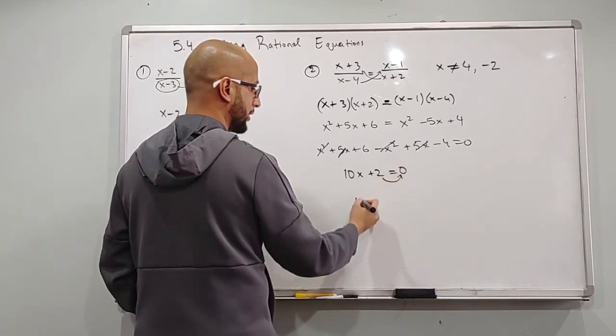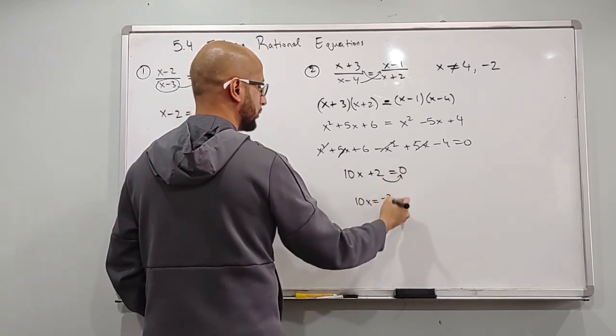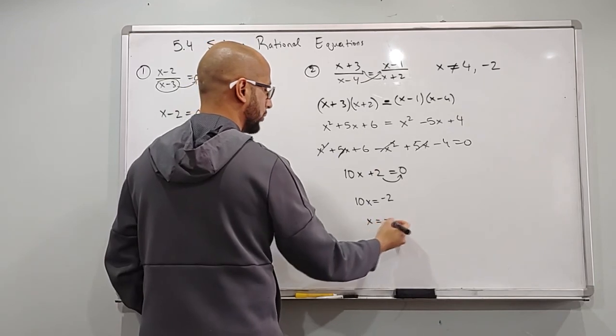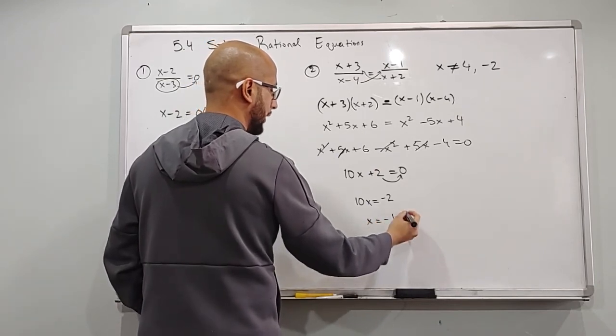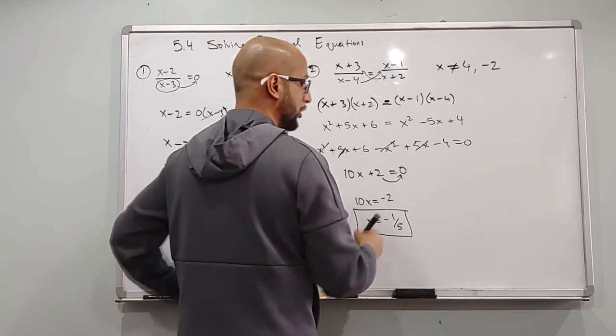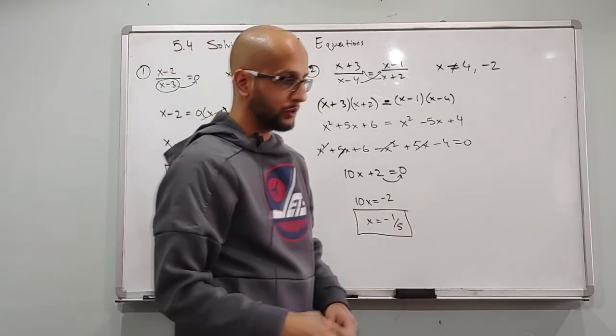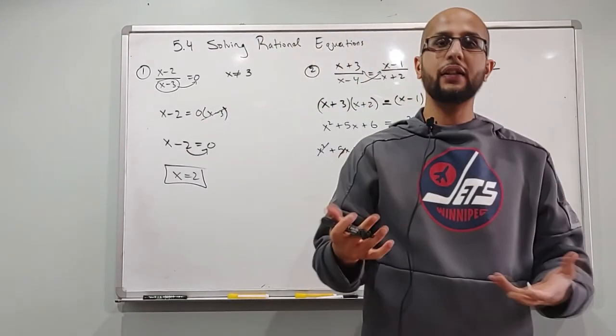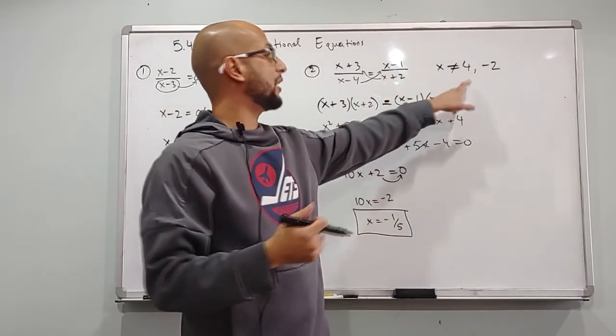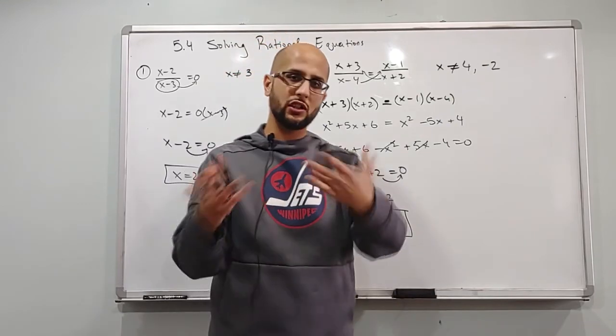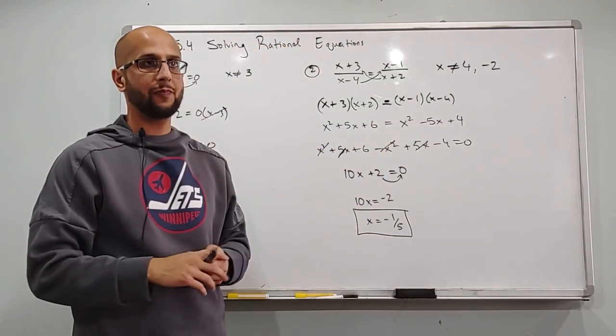Take the 2 to the other side. 10x is equal to negative 2, and x will be equal to negative 1 over 5. So the solution to that rational equation is x equals negative 1 over 5, with the restrictions that x cannot equal 4 and x cannot equal negative 2, which did not matter in this specific equation.